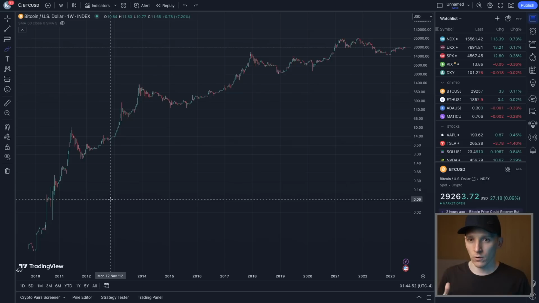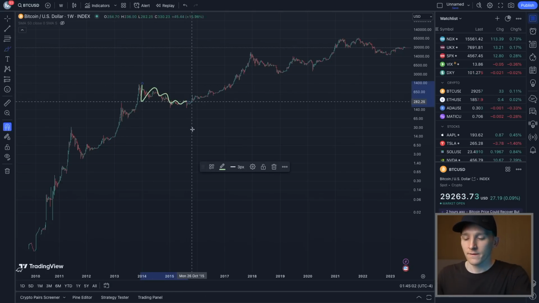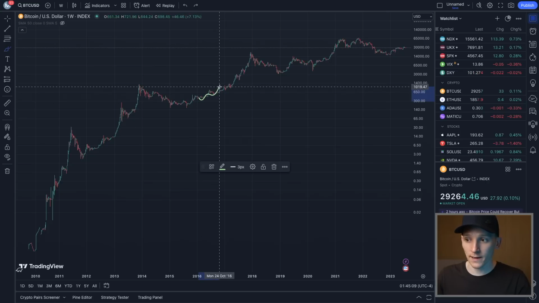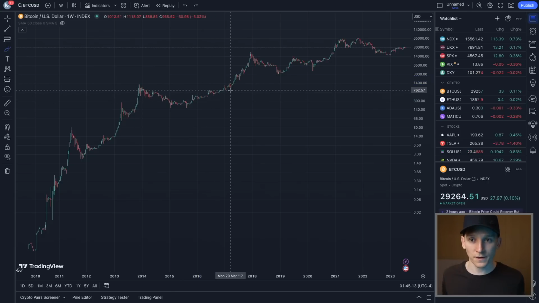Bitcoin is really a macro asset, and so it is going to tell us what part of the market cycle that we're actually in. When Bitcoin is in a bear market, taking a lot of speculative long positions in altcoins is probably not a good idea. However, when Bitcoin is grinding higher into bull markets, that's when long positions and trading off positive news is going to be a lot better in terms of a risk reward for you.